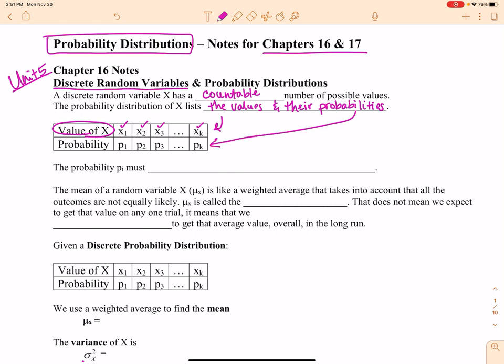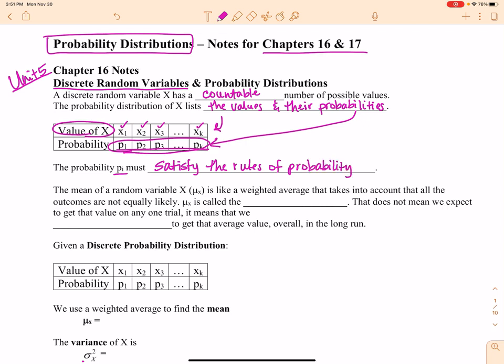Please keep in mind that the probabilities in this table must satisfy the rules of probability. What does that mean? None of your probabilities can be bigger than 1 or less than 0, and they all need to add to a total of 1, because those are all the possible probabilities. Let me just finish filling this out here for you.